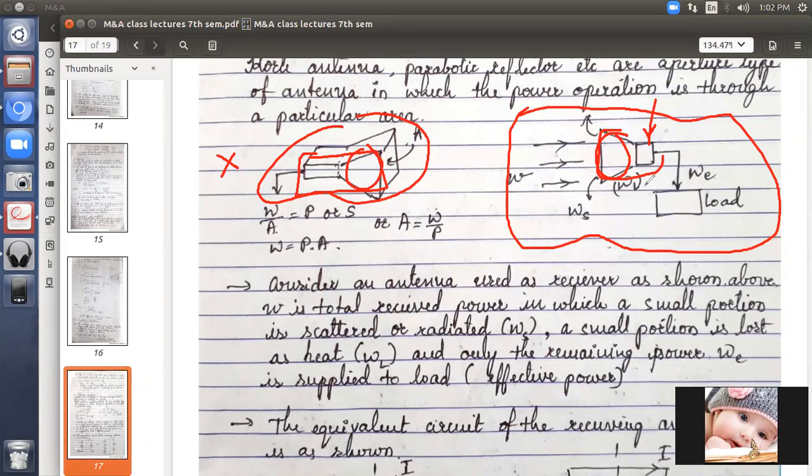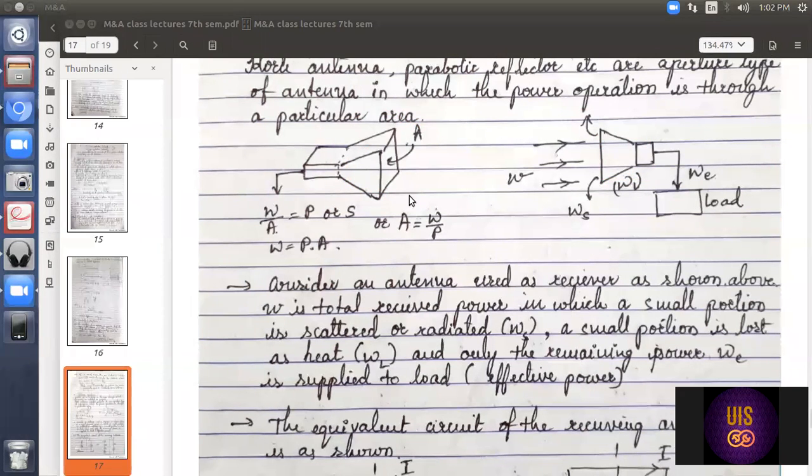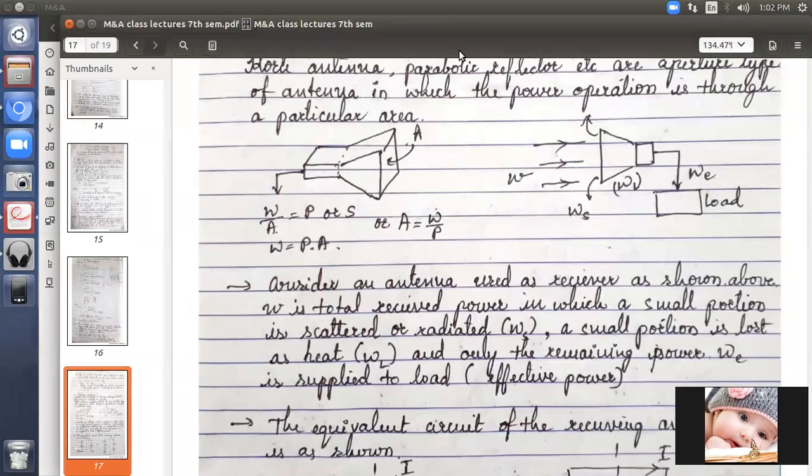Direction dekho, direction dekh ke batao. Any observation, any point to be noted? Anybody? Unmute and answer, no problem. Check the direction and observe some point. Anyone? Quickly, we are running out of time.